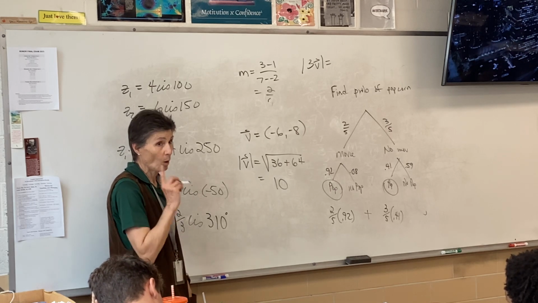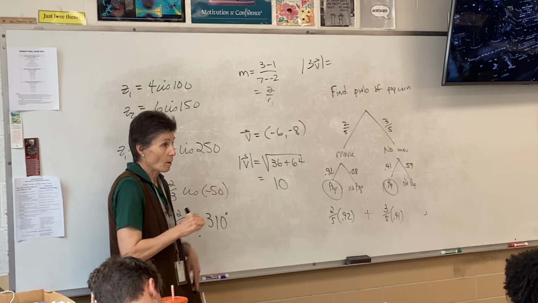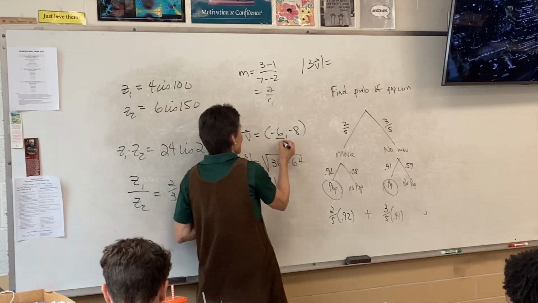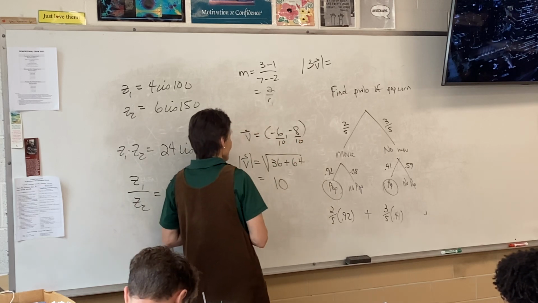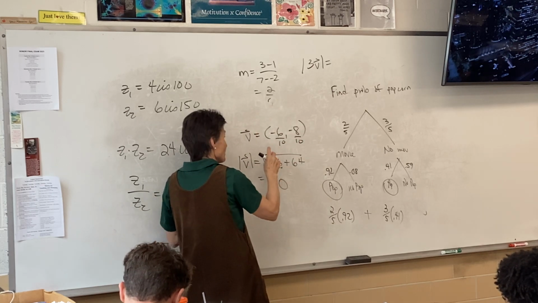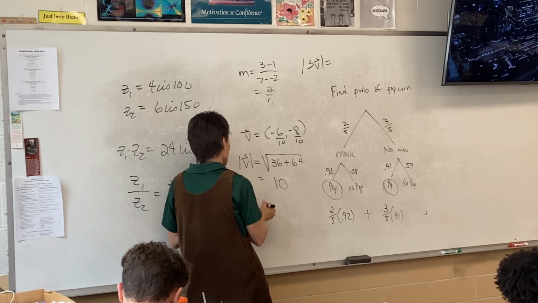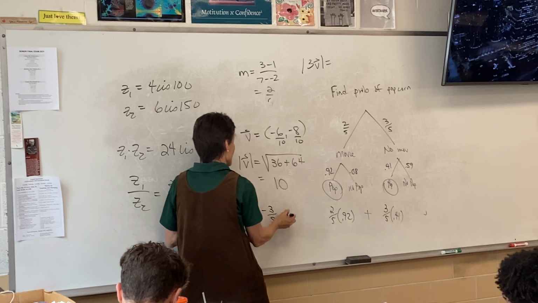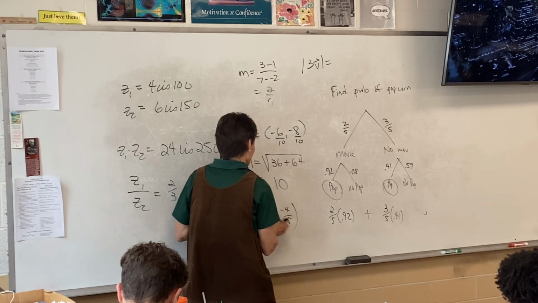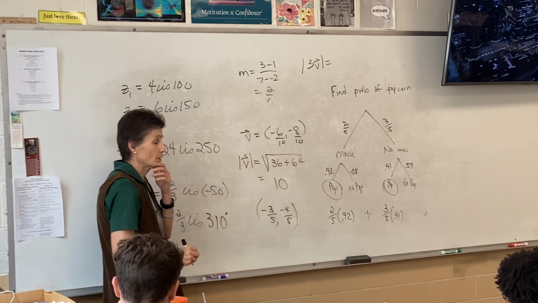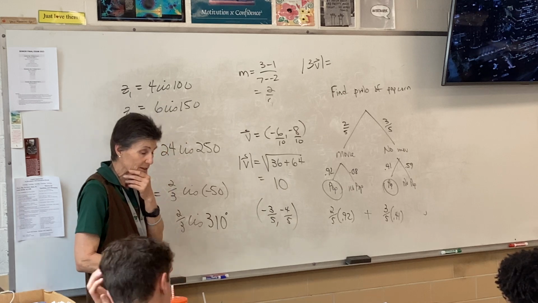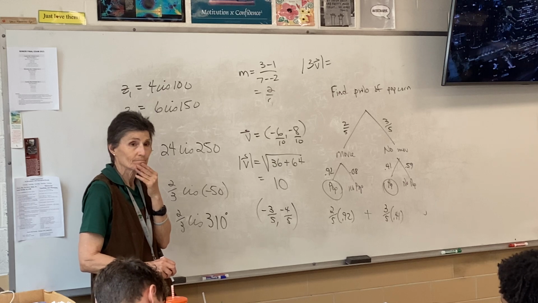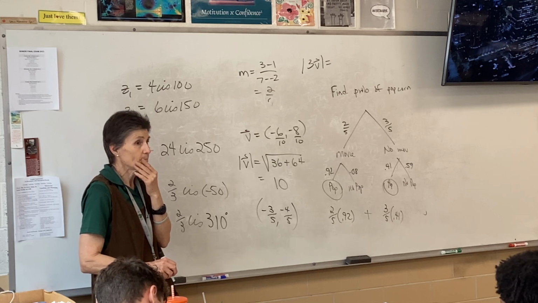I want it to be 1 unit long, so I'm going to shrink it. We're going to divide everything by 10. Now it's in the same direction, the proportion is the same, but the new vector, the unit vector, is -3/5, -4/5. That vector is 1 unit long. How do you make a vector a unit vector? Simply divide it by its magnitude. Yeah.